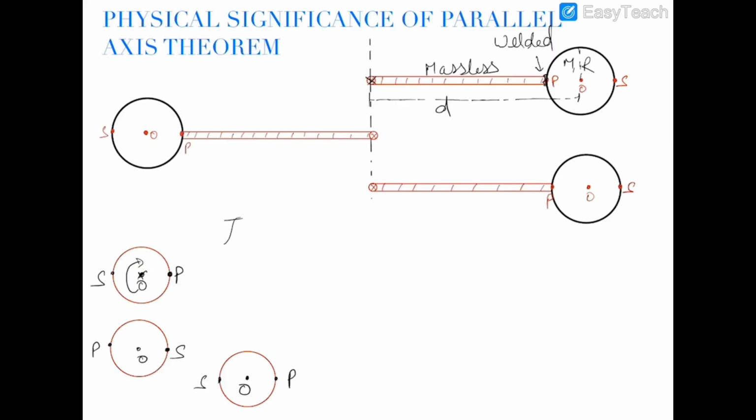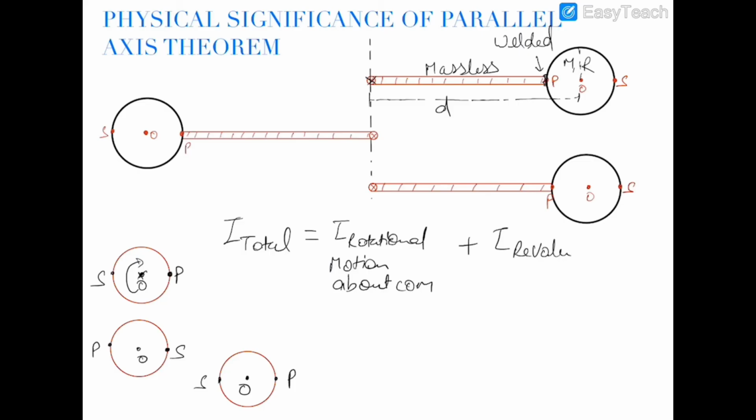So I total would be the sum of I of rotational motion about COM as well as I of revolutional motion of COM about the other axis.